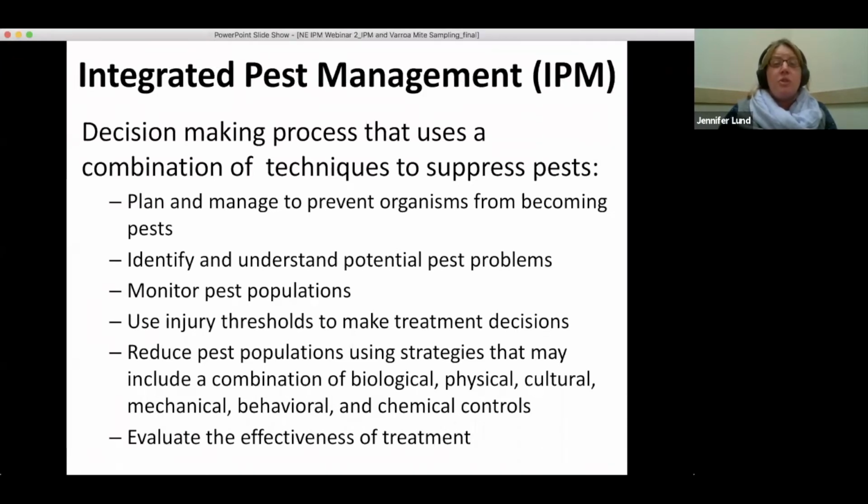So making sure what you did actually did something. It's really easy for us to put in a mite treatment and then walk away and not think about it again, kind of thinking that we did something when in fact that treatment failed for any one of various reasons. And so going back and actually making sure that what you did worked. And so next slide.